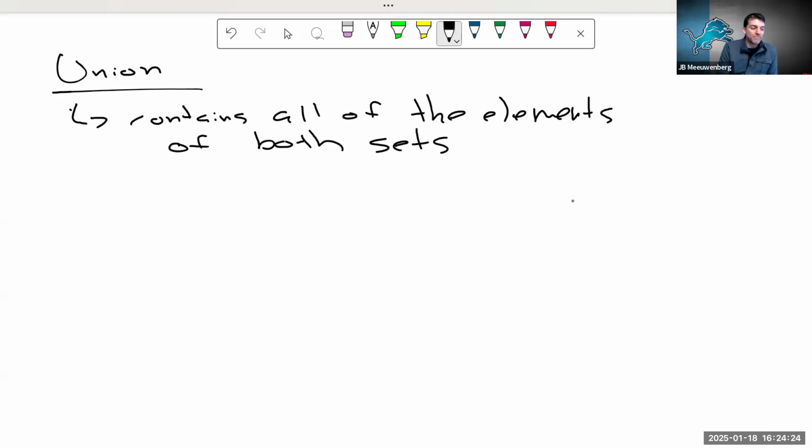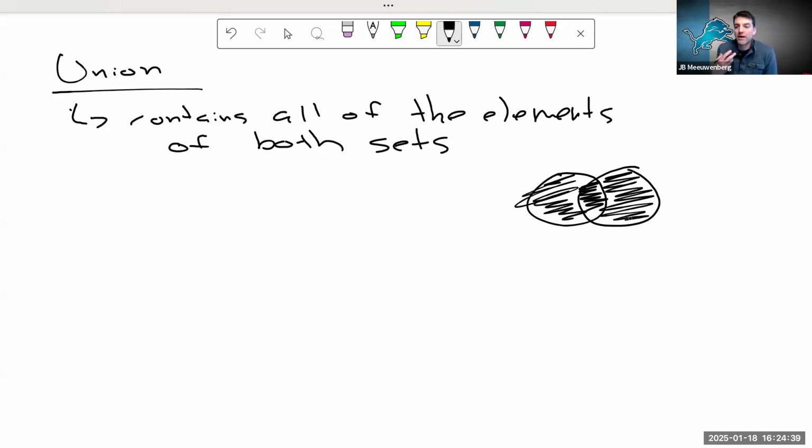In a Venn diagram, it's kind of like combining the two sets together, right? If you have them overlapped like this, it's not just going to be here, it's going to be here and here as well, okay? A key word when you're doing unions is or.